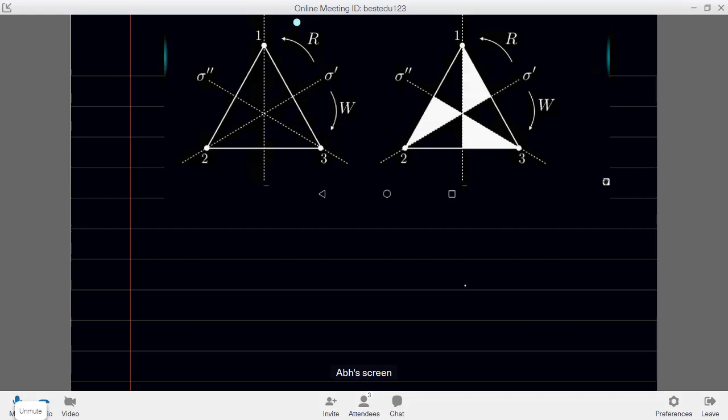But here this group is under multiplication, right? Yes, there can be groups under other operations, like additions and subtractions.